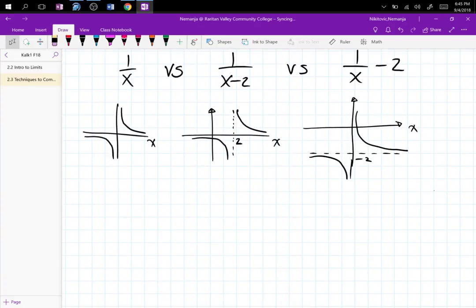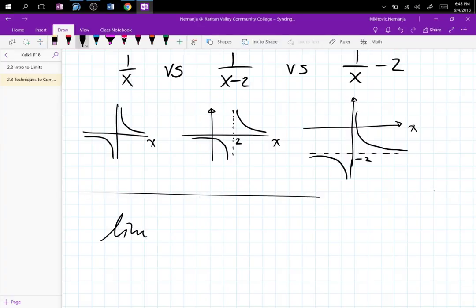Now let's take a look at a calculation. Limit as x goes to 5 of x squared minus 25 divided by x minus 5.